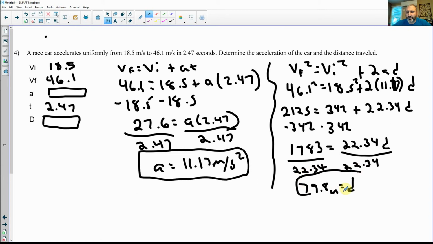So that's that. You could have used the other equation. I think you should have gotten 79.8 as well if you used the other equation.